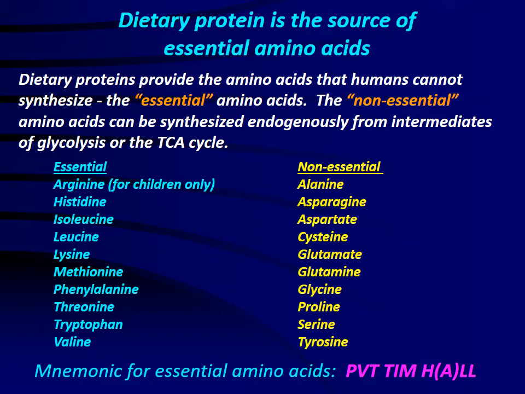The essential amino acids are arginine for children only, histidine, isoleucine, leucine, lysine, methionine, phenylalanine, threonine, tryptophan, and valine. All other amino acids come under non-essential amino acids. The mnemonic used to remember essential amino acids is PVT Tim Hall.